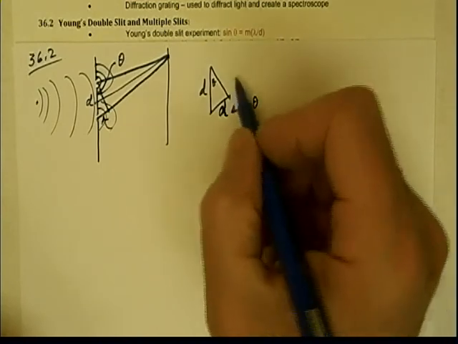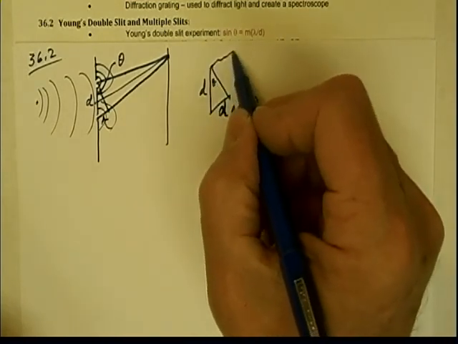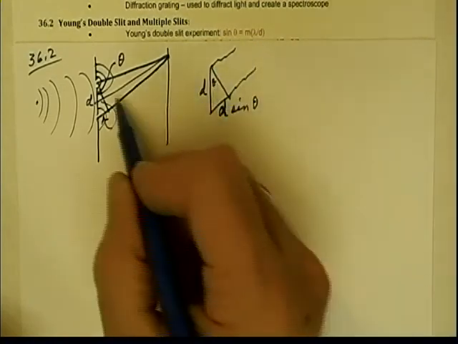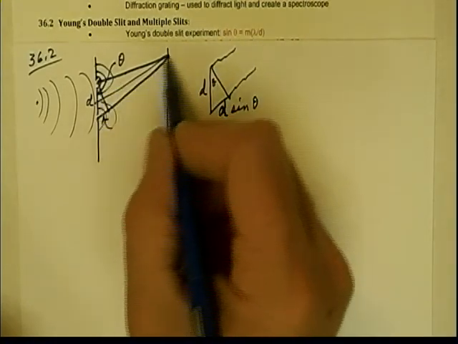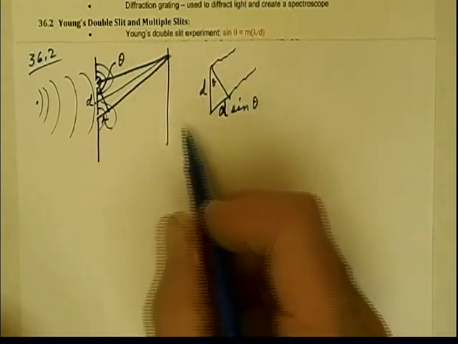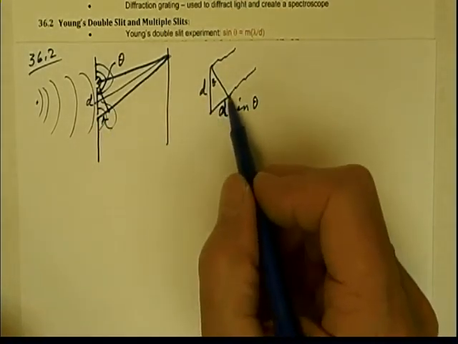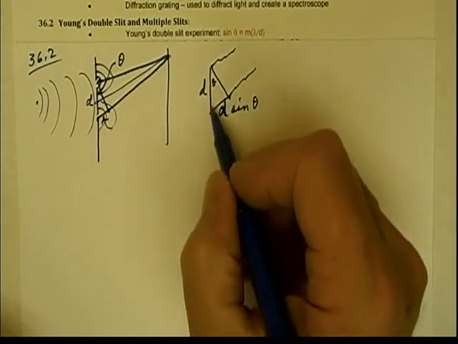Now as the wave proceeds from here and from here, they will both be in phase because they go the same distance from this point forward. But the light may be out of phase or in phase depending upon what multiple of a wavelength this is.